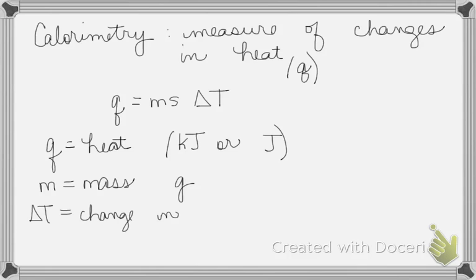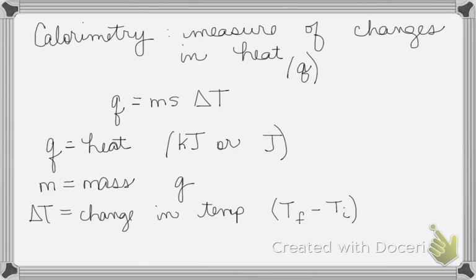How do we measure a change in something? It's something minus something. It's the final minus initial. So a change in temperature is the final temperature minus the initial temperature. It's important that you remember it's final minus initial.